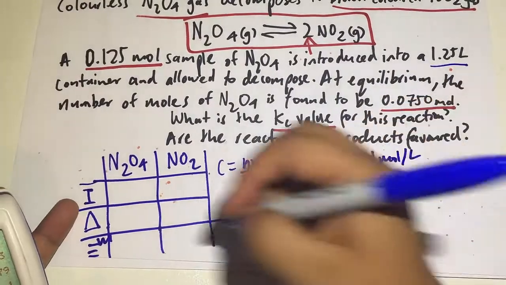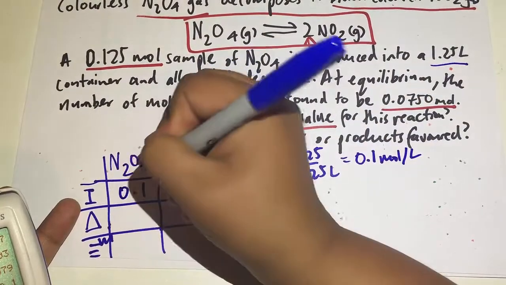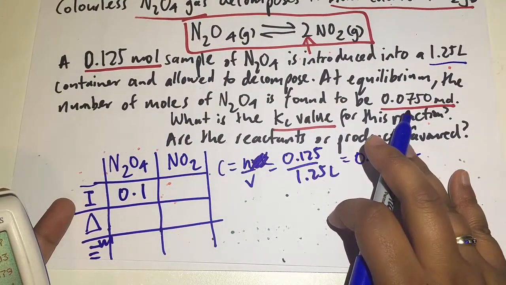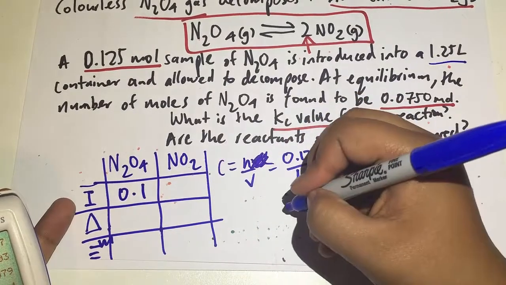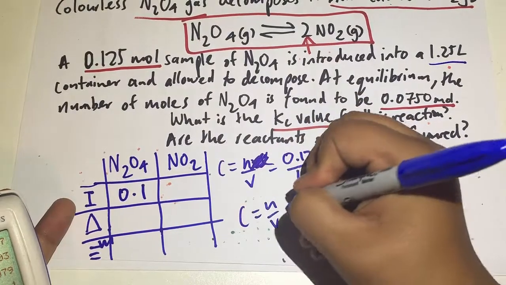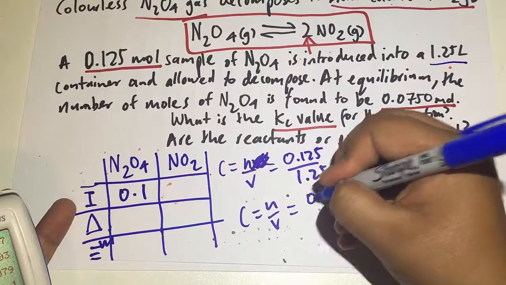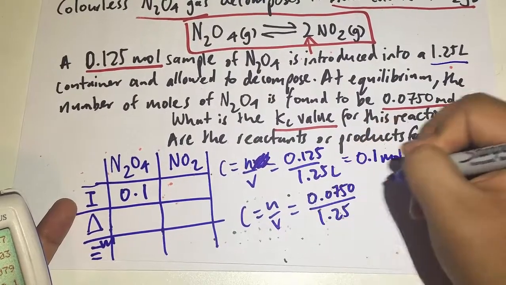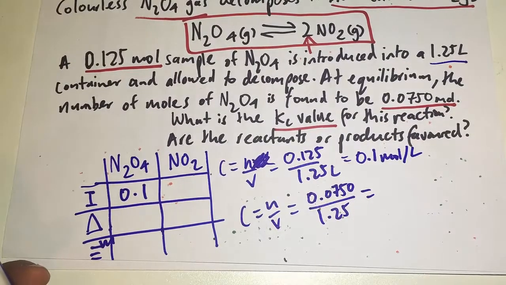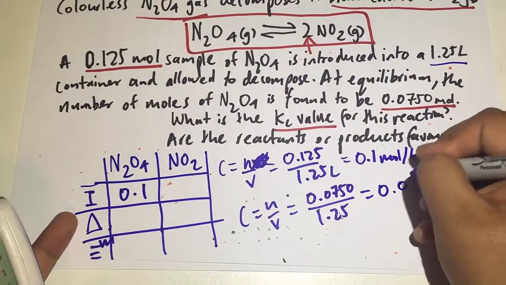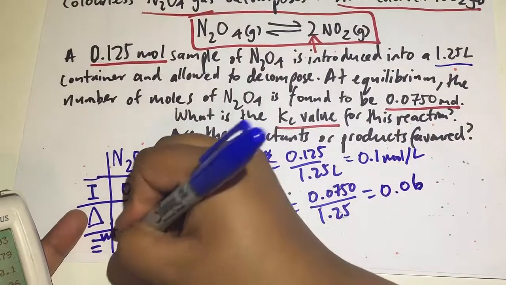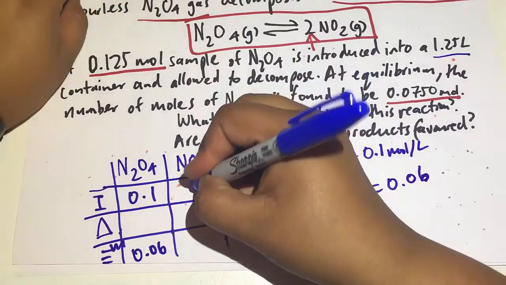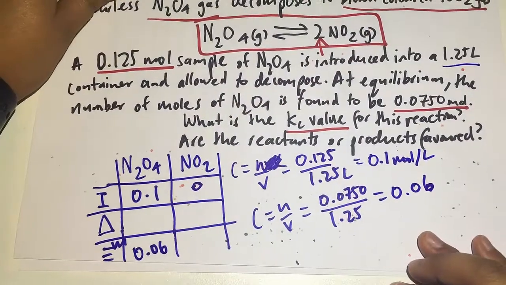And then at equilibrium, it was 0.0750, so the concentration of that is going to be 0.075 divided by 1.25. So that is 0.06. Now, initially we had a 0 concentration of NO2.